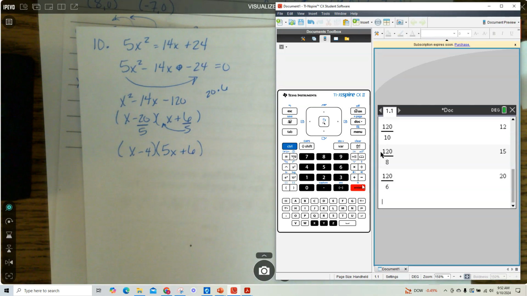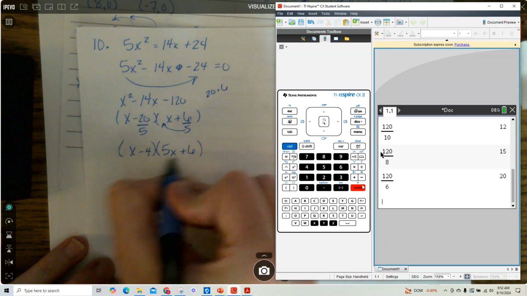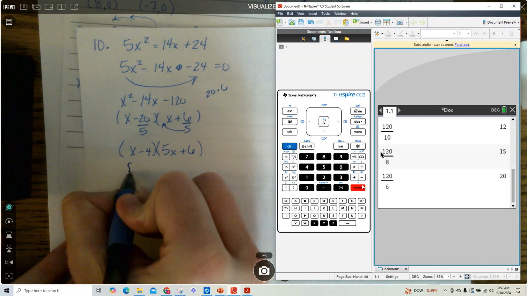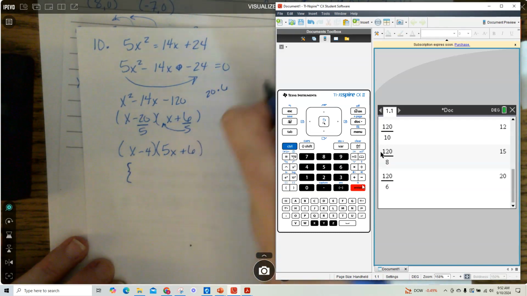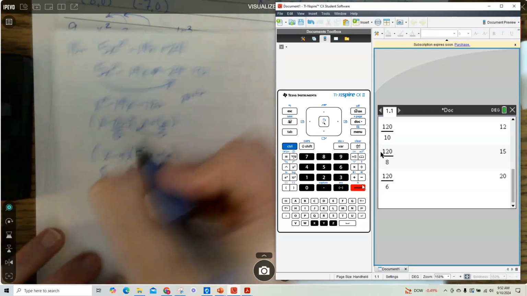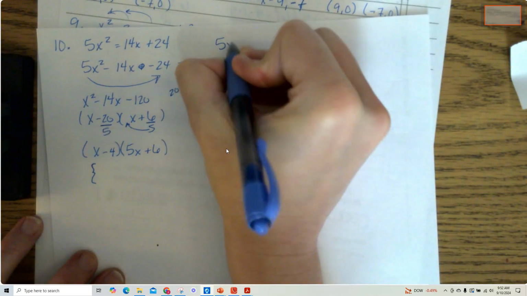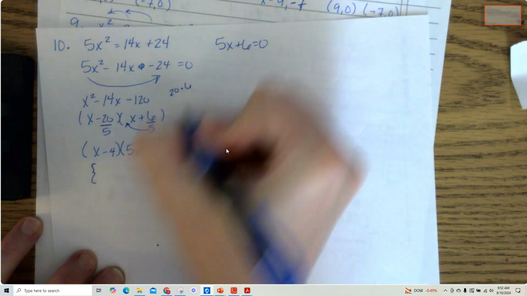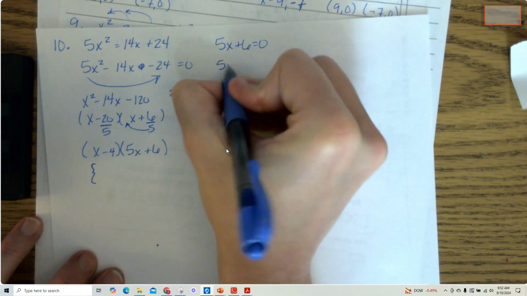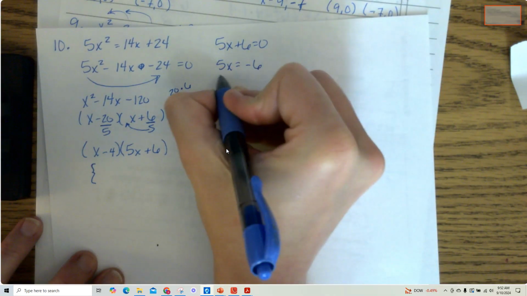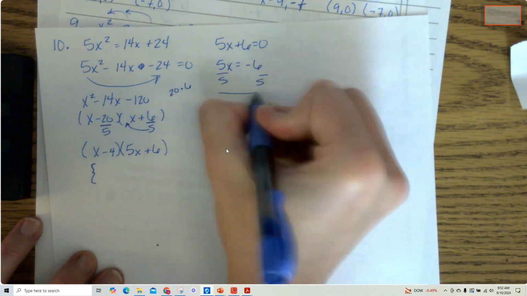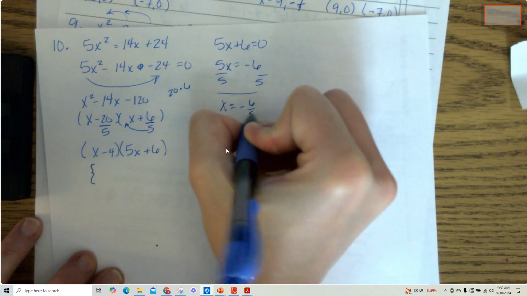Mm-hmm. Does it matter which one you put first? It shouldn't. Your solution set though, so when you have one like this, you have to solve it. Some of you guys can see it in your heads, but you have to set it equal to 0 and then solve it. 5x equals negative 6, divided by 5, x equals negative 6/5.